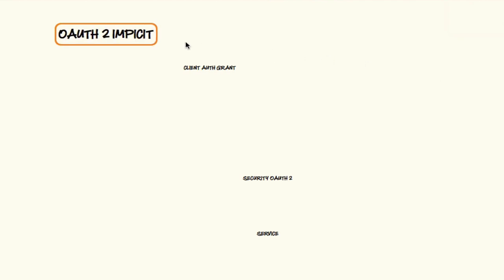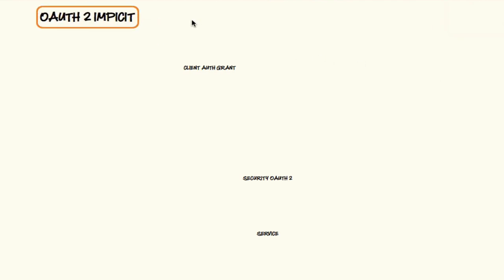That's the first step, and just to be clear, we will be showing OAuth 2 implicit here. This is not standard. I explained the OAuth flows in my previous video, but we'll be dealing with OAuth implicit here.